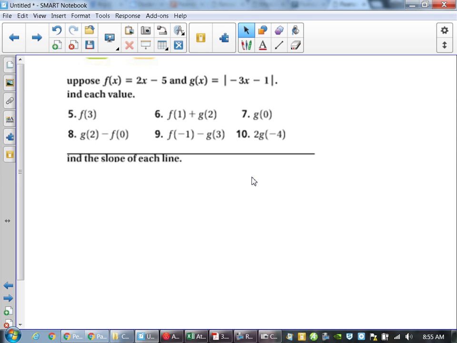They're giving you f of x is 2x minus 5, and g of x is the absolute value of 3x minus 1. They're telling you that you have two functions because they write it in function notation. Do you know what the graph of absolute value looks like if you graphed it? They look like V's, up or down. That's how they all look, and they just move them all over the place.